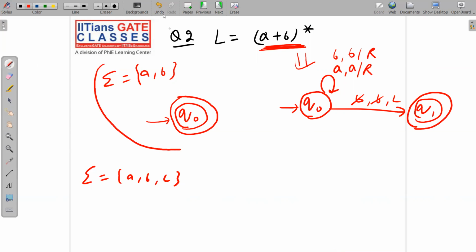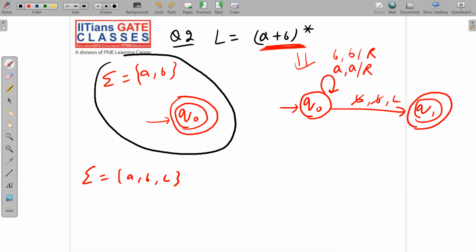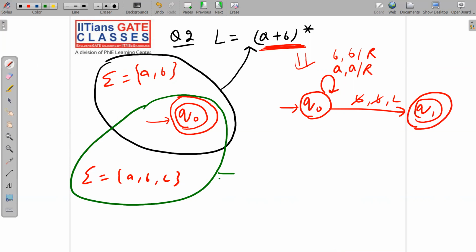If this is your scenario, then this Turing machine will accept this L. But if this is the scenario, then the same Turing machine will accept L as (a+b+c)*.